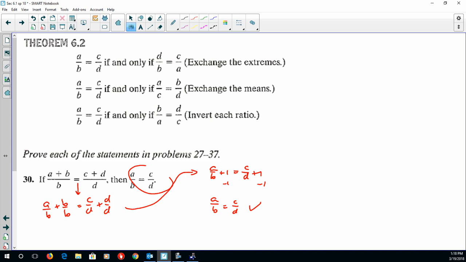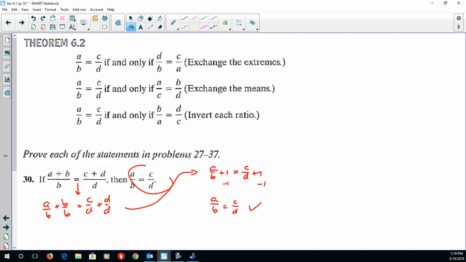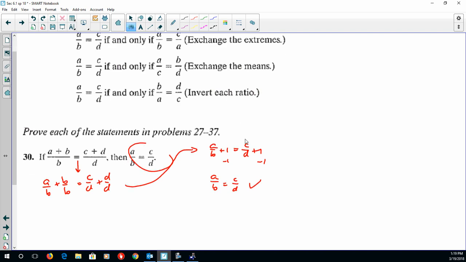Now, let's take a look at an example here. This is number 43. Oh, let me back up a little bit here. The book actually does something stupid. And he does stupid things every now and then. We all do stupid things every now and then.